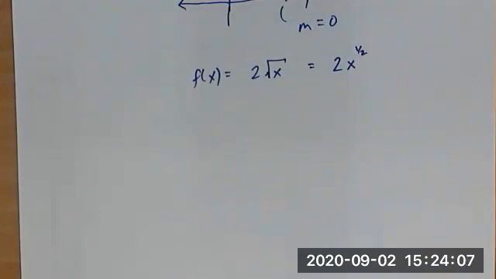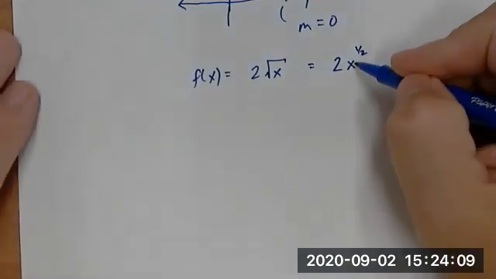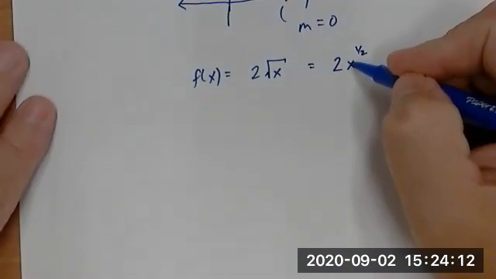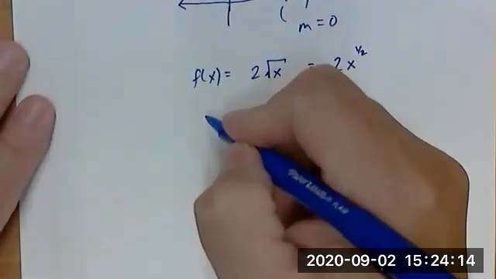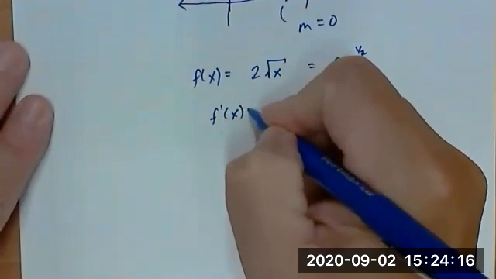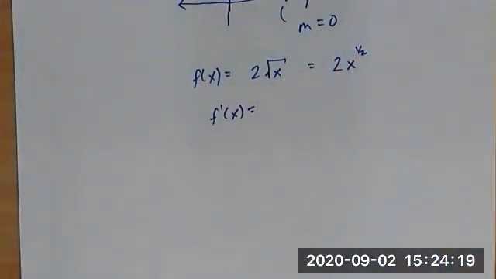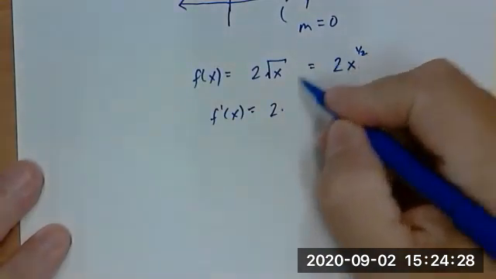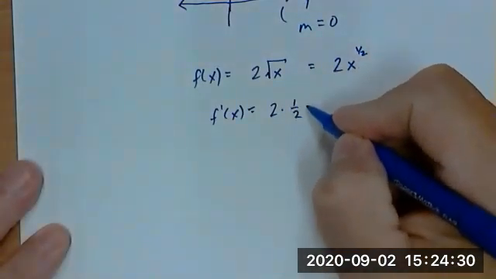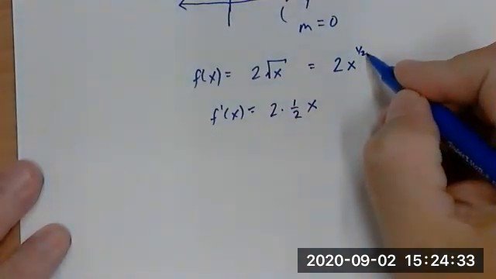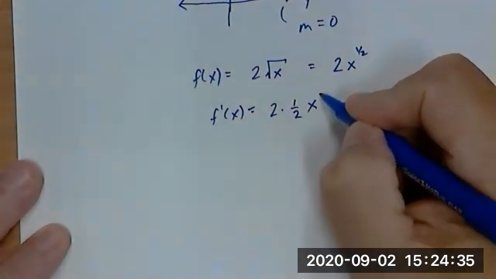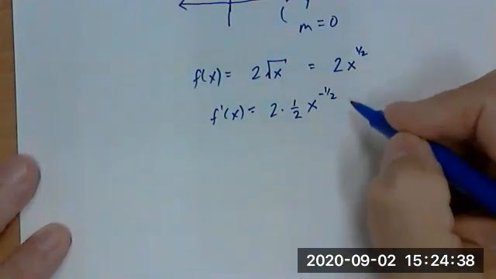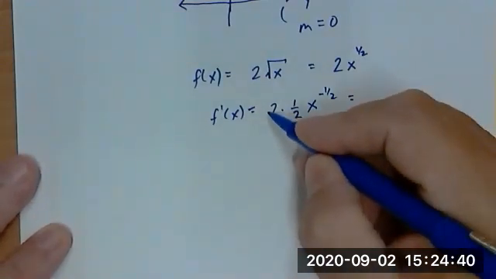So now that we have our variable written with an exponent, x to 1/2, then we can, of course, apply the power rule. Sorry about that. We can apply the power rule. So the 2 tags along. 1/2 comes down front. Then you subtract 1. 1/2 minus 1 is negative 1/2. So I need to simplify this.